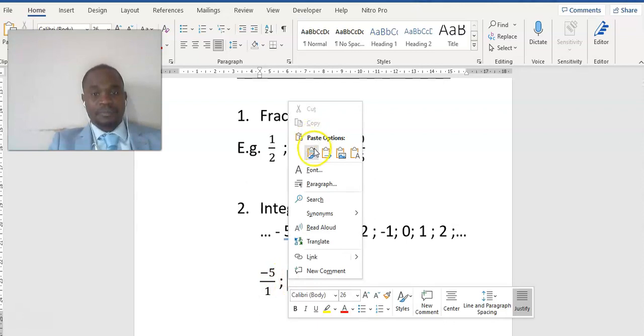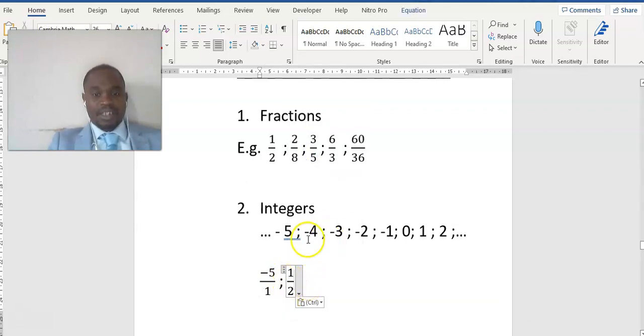Then -4, I can write this one as -4/1. Are we together? -3, I can write this one as -3/1.